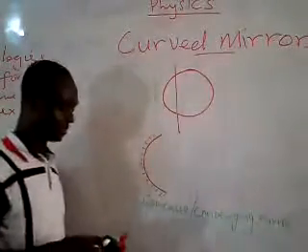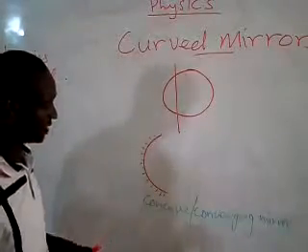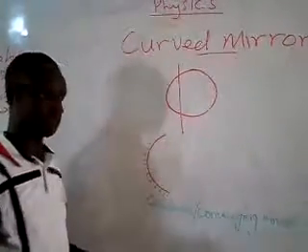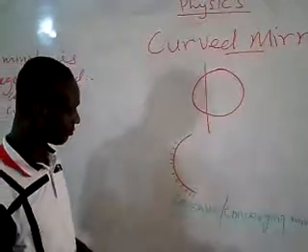It is called converging because it can converge light rays incident on it.